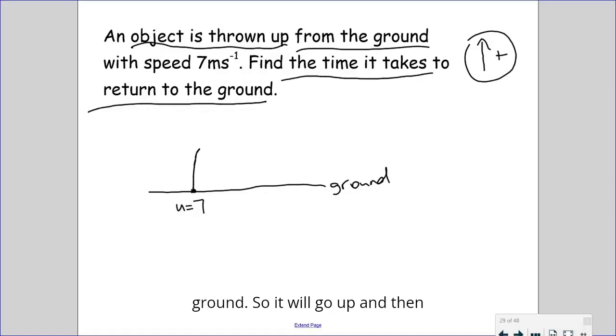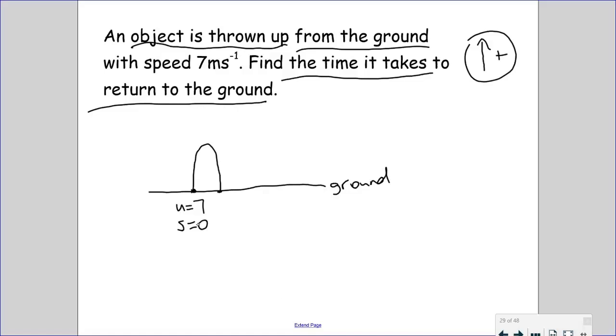So it will go up and then come back here. Okay. Now, your starting point and your ending point are both at the ground level. That means your displacement is 0, okay? Because it hasn't actually moved up or down from starting or ending point.